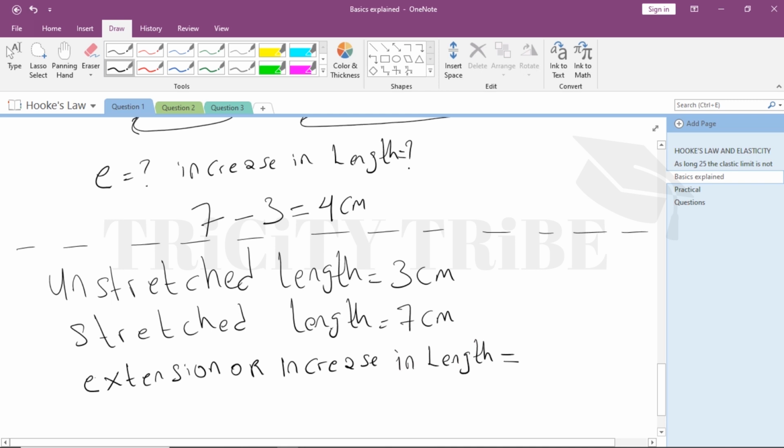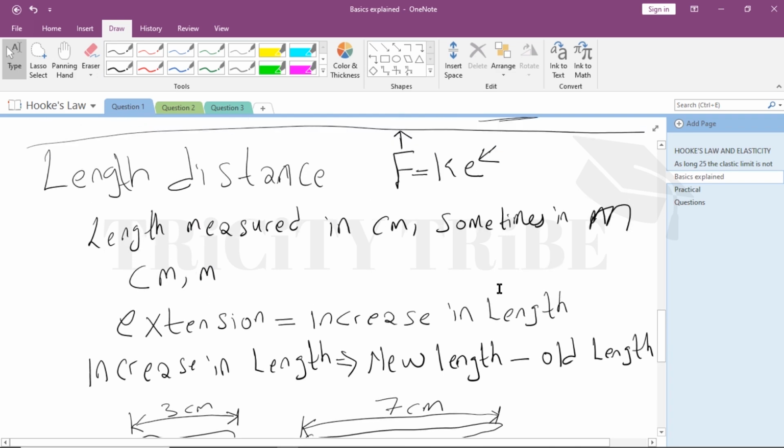That is the stretch length minus the unstretched length, or the new length minus the old length. 7 minus 3 gives you 4 centimeter.